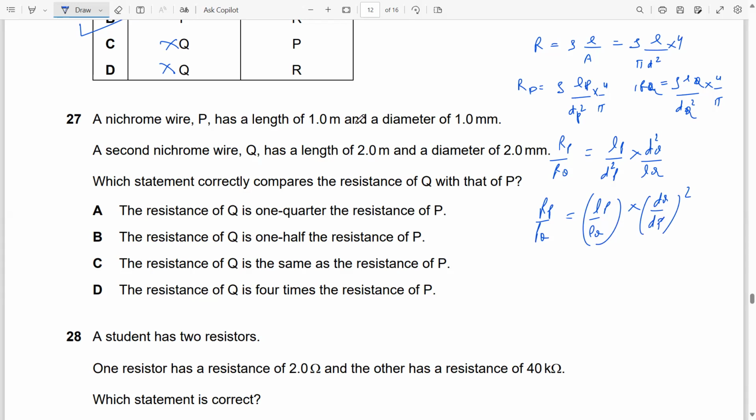Here it is given P has length 1 and Q has 2, so LP by LQ will be 1 by 2. So RP by RQ is equal to 1 by 2 into DQ by DP whole square. The diameter of Q is twice that of P, so it will be 2 square, that is 4. It will cancel out. So RQ will be RP by 2. So it will become half of the resistance of P. Option B is the correct one.